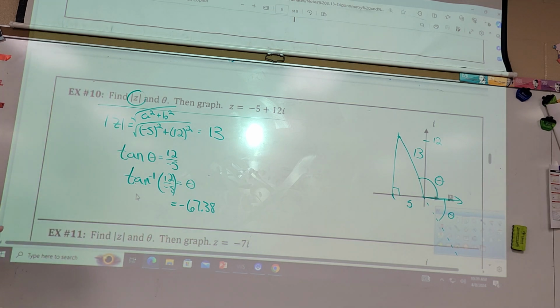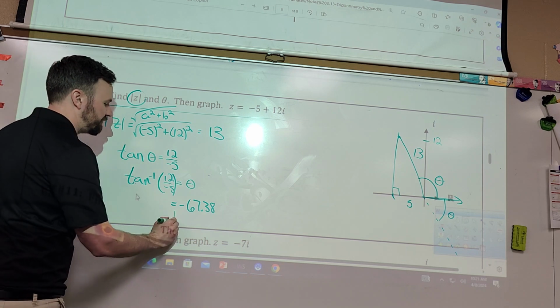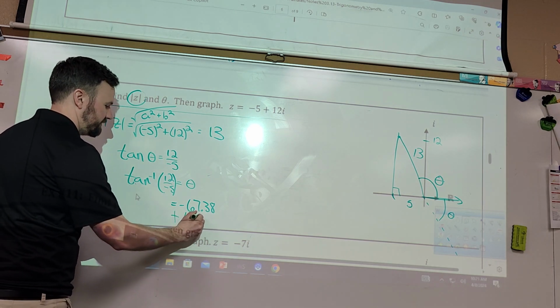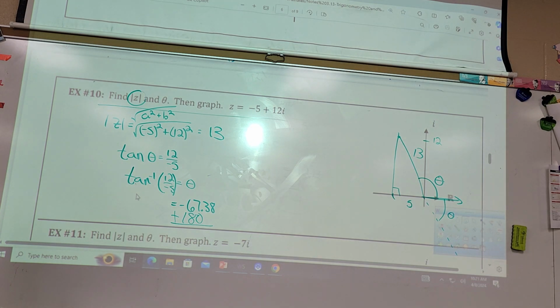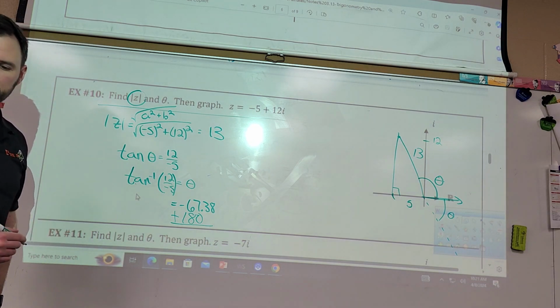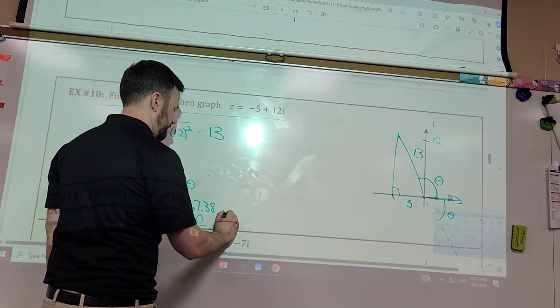Adding pi to anything makes life better. So instead of pi, what can I add to it? 180, right? And what's 180 plus negative 67.38? 112.62.